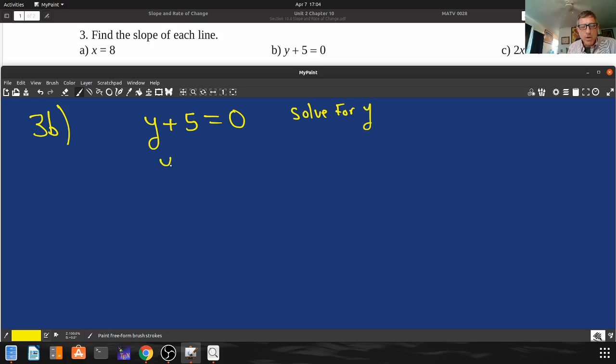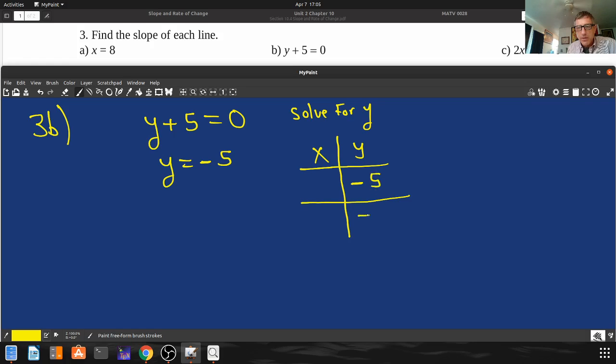So that gives me y is equal to minus 5. So that is indeed a line. Let's find 2 points on it, but it's going to be really easy because y is minus 5. It's a constant. So I can choose anything I want for the x value. So here are my 2 points. Why did I choose 5? No reason. I just did.